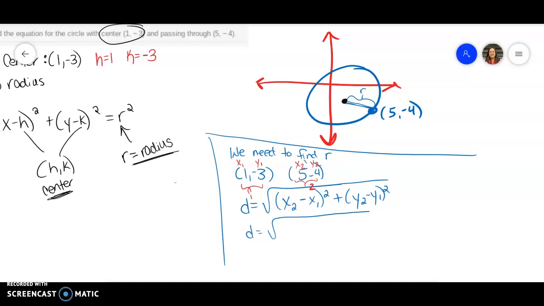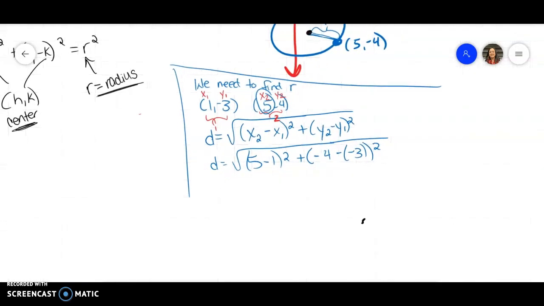My x sub 2 is 5 minus my x sub 1, which is 1, all squared, plus that y sub 2, which is -4, minus that y sub 1, which is negative 3. And I'm going to put this in parentheses because I don't want to confuse anybody. And then that's all squared. So what I could have done, guys, is write that negative minus a negative as addition.